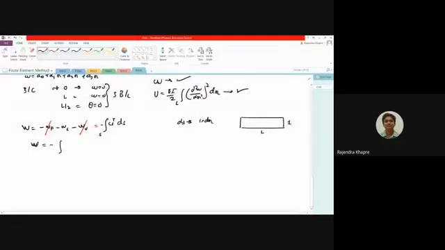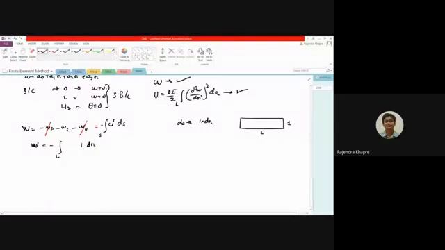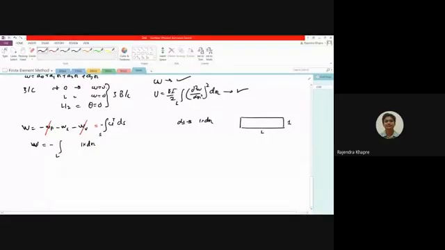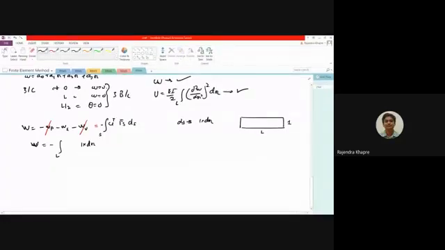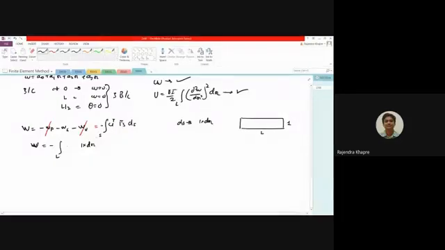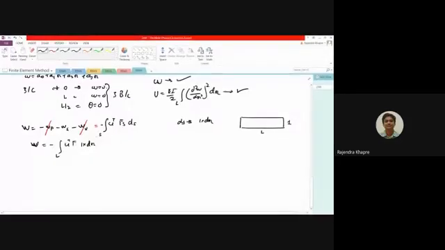Now integration over the surface will become over the length, and ds will become dx. It has to be multiplied by 1, and I think I have missed one more term over here, that is the fs, and then over ds. So we can have this u transpose multiplied by fs.